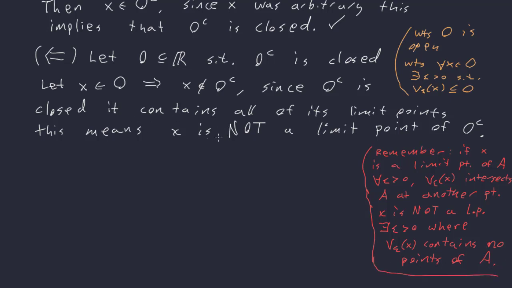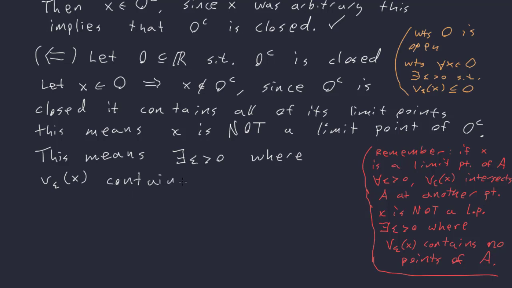So, since x is not a limit point of O complement, this means that there exists an epsilon, of course greater than 0, where V sub epsilon around x contains no points of O complement.